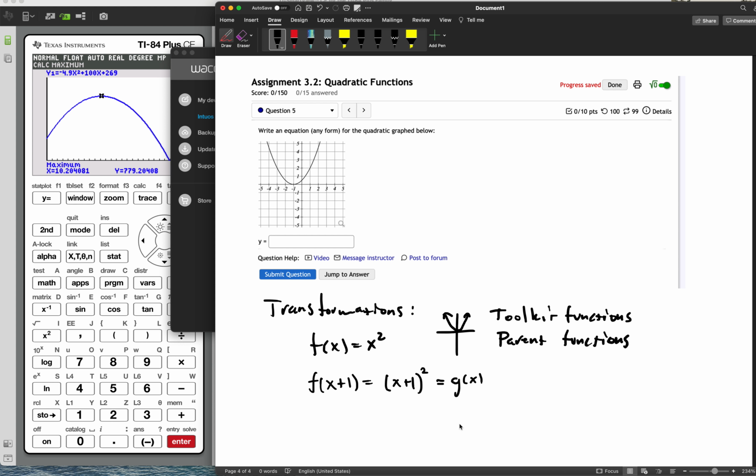For example, you could have horizontal stretches or compressions. You can have vertical stretches or compressions. There are other transformations of the plane that we should be aware of.